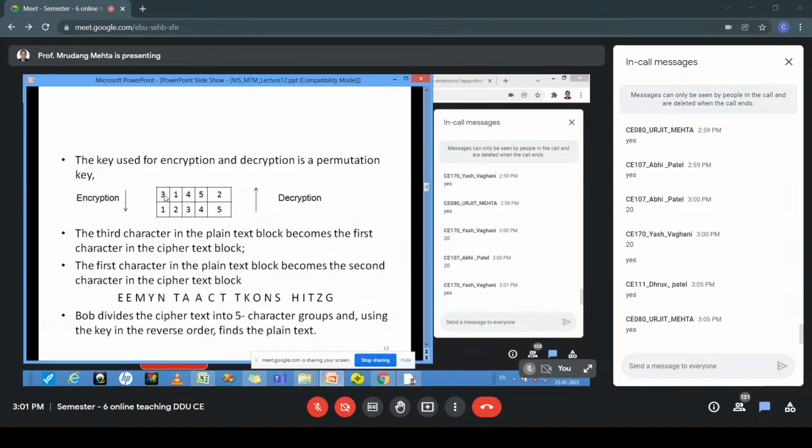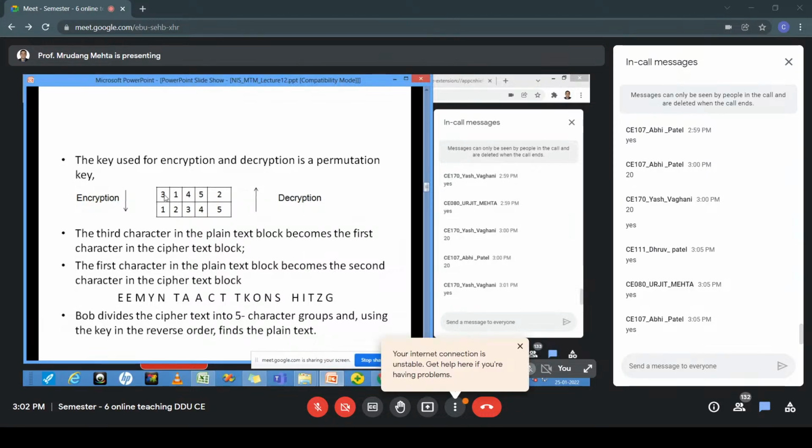Okay, so now try these three other blocks. Verify that 31452 is applied over here and here and here, and write down in the chat box that you have verified that it is following this order 31452.